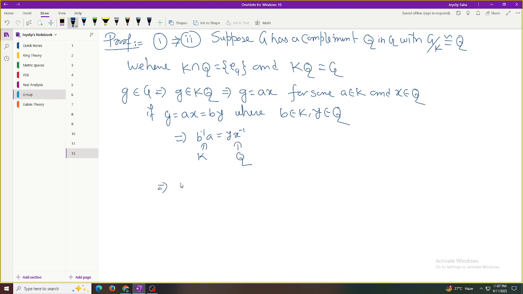So this implies B inverse A, and they are equal, belongs to K intersection Q. This implies A equals B. Also Y X inverse belongs to K intersection Q, which is the identity, right?